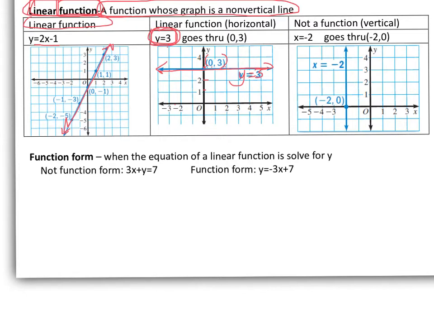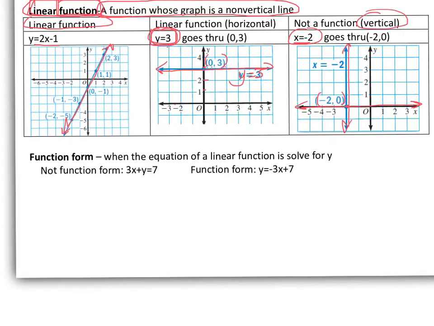And let me show you when a graph is not a function. That's when it's vertical. So if I give you x equals negative 2, then you can go to the x-axis. Go to (negative 2, 0), and draw a vertical line parallel to the y-axis.